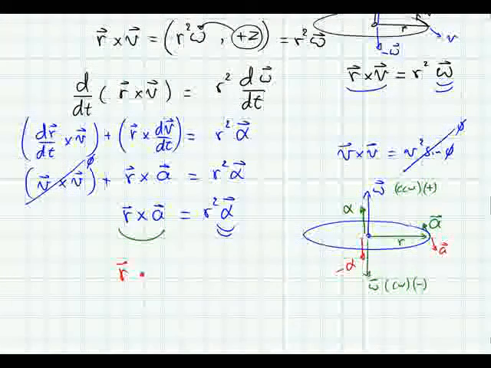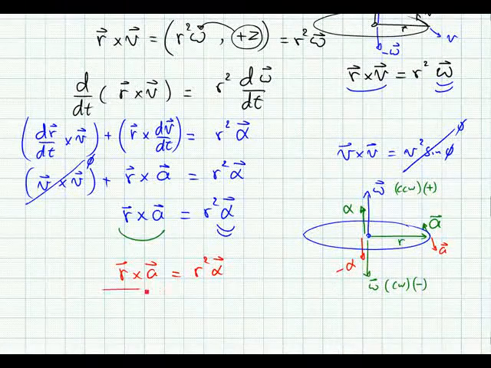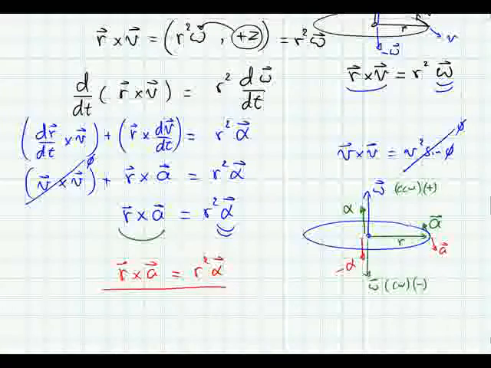So let me rewrite this. r cross a is equal to r squared alpha, another handy expression to keep in our back pockets.